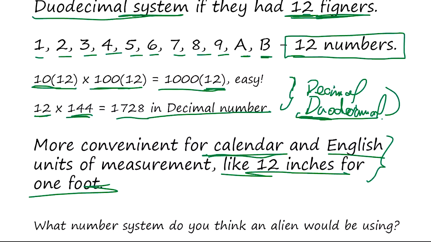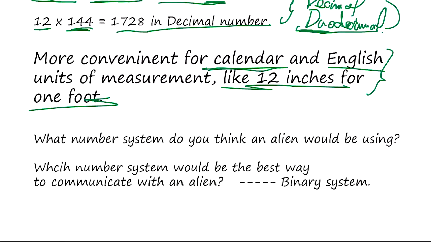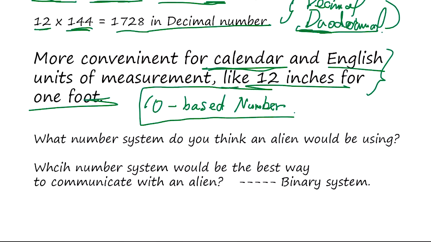So it's good and bad. In some cases it's easier, in some cases it's more complicated. It's really accidental that we use a 10-based number system. There's no intrinsic reason to use a base-10 number.